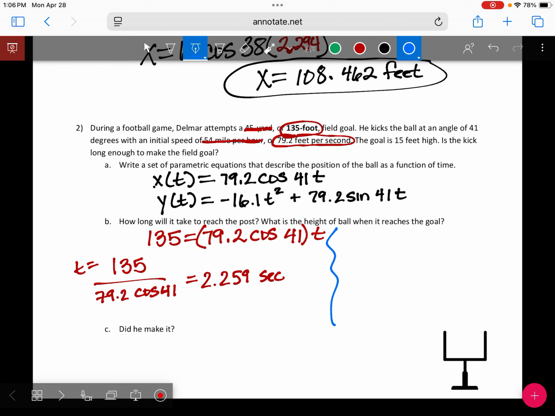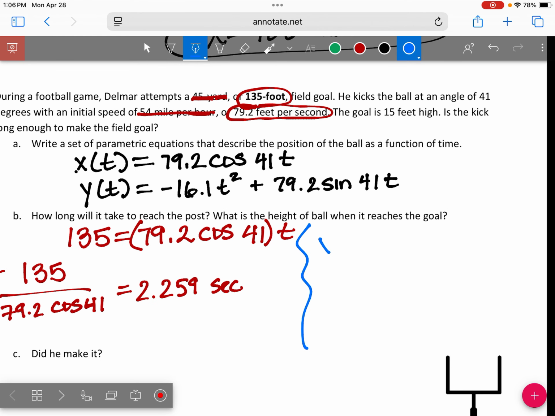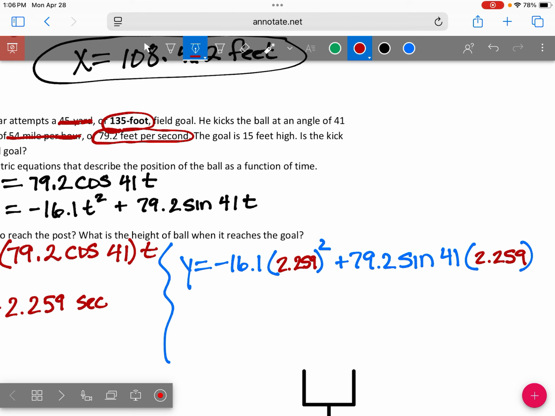So y is going to equal negative 16.1 t squared plus 79.2 sine of 41, and then inside of that, I'm going to put in my time, which is 2.259. All right, so go ahead, pick up your calculators and type that in. See what you get for the height of the ball.